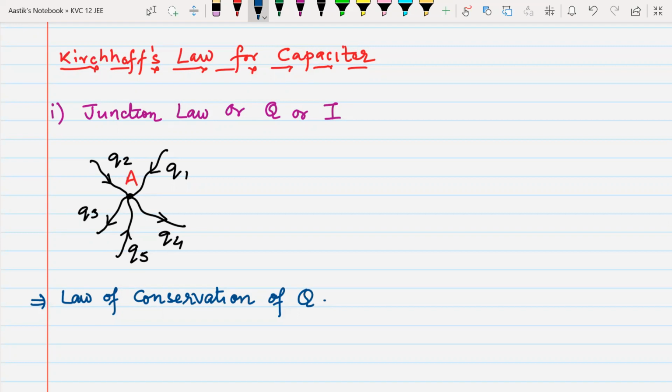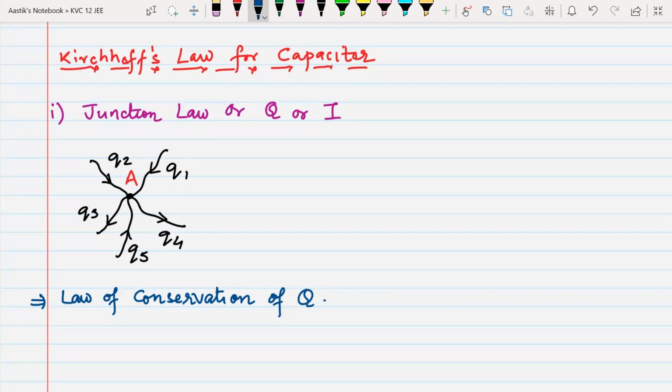This should be good enough to tell you. Yes, tell me. Anyone sitting, chilling out? What would be this charge law, junction law? Sir, we don't know. I know that you don't know, but I've told you everything that you have to know about it. No one knows it?